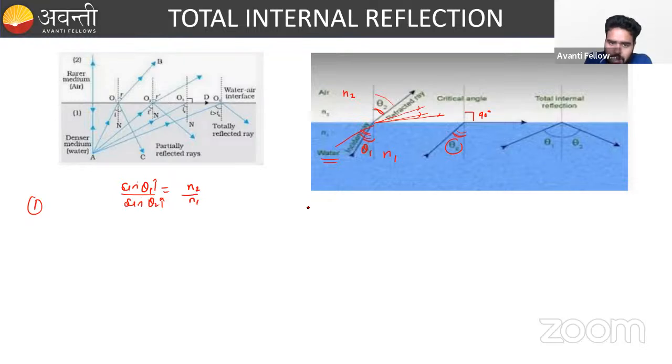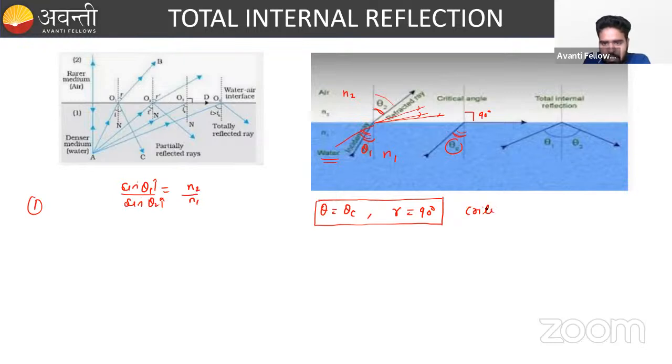For a given angle, that is the special angle theta c, at theta equal to theta c, where r equals 90 degrees, this is the critical condition.